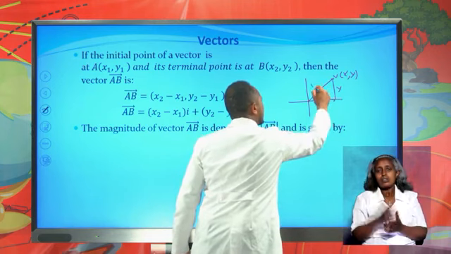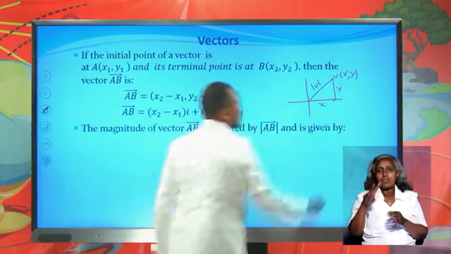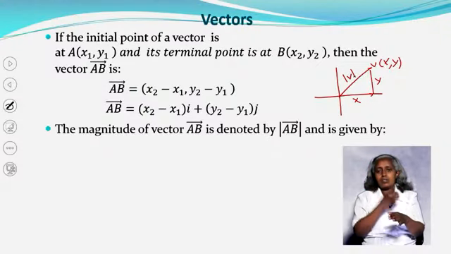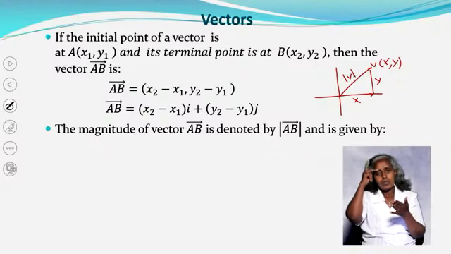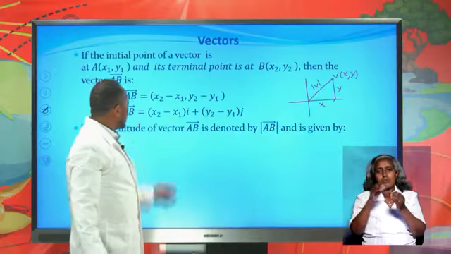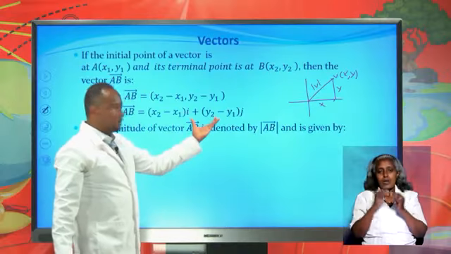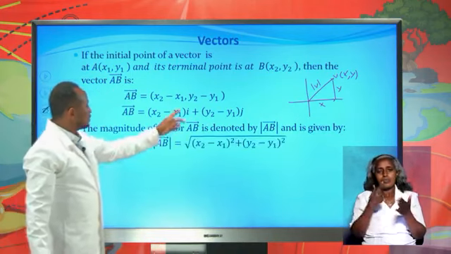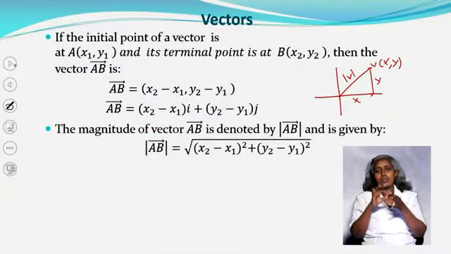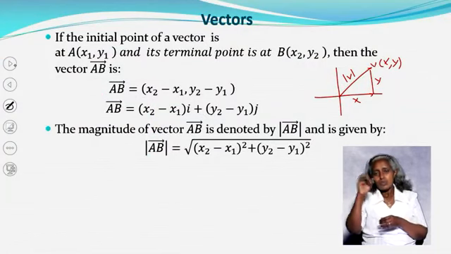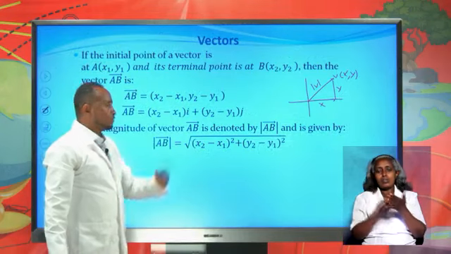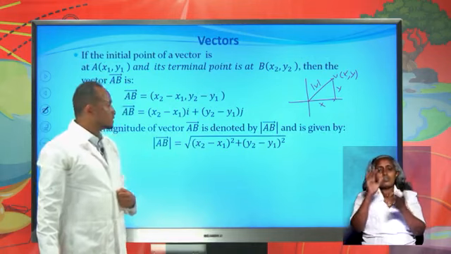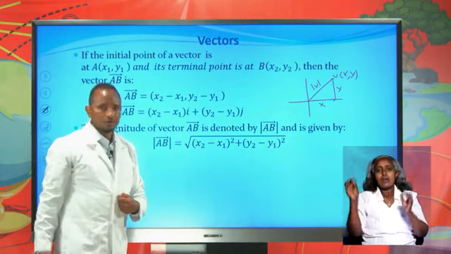The magnitude of our vector v is this distance. Therefore, using the Pythagorean theorem, the magnitude of v is equal to the square root of x squared plus y squared. Therefore, the magnitude of vector AB is given by the square root of the i component squared plus the j component squared. This is the formula to calculate the magnitude of a vector.